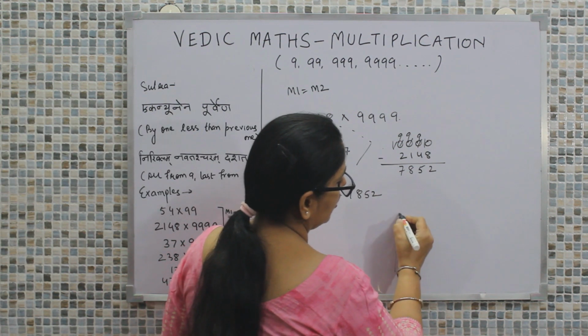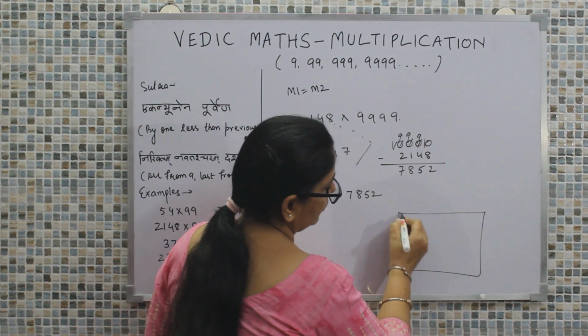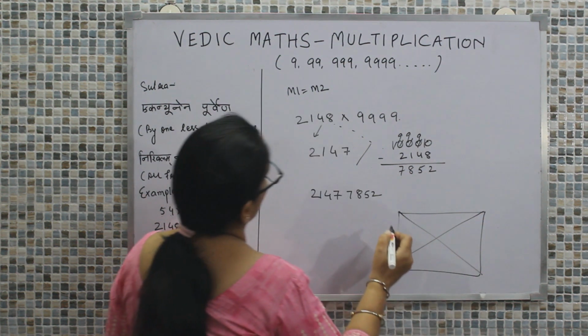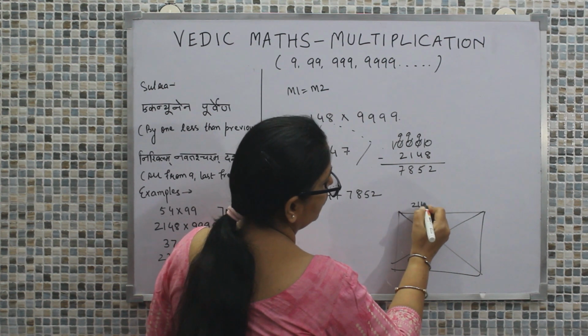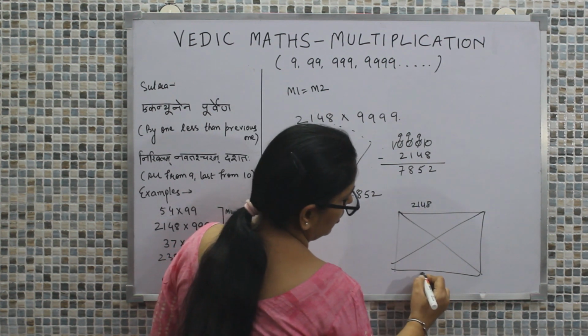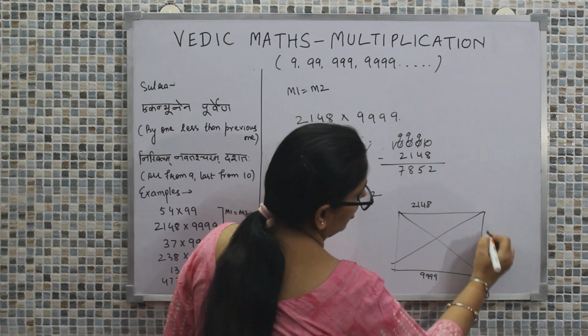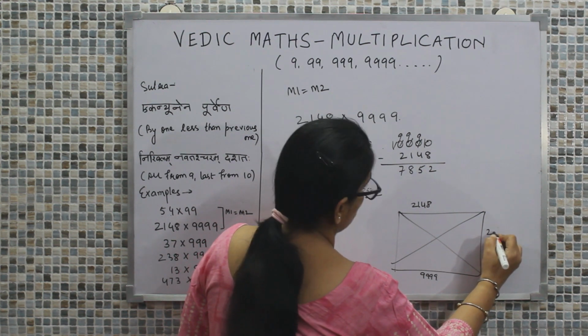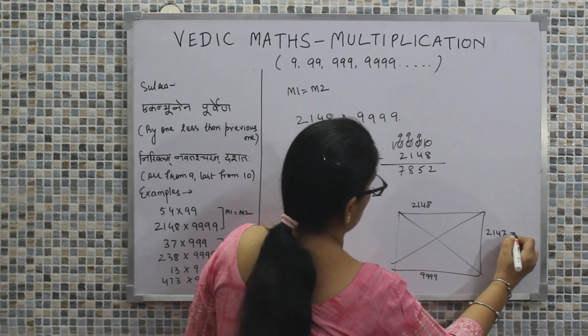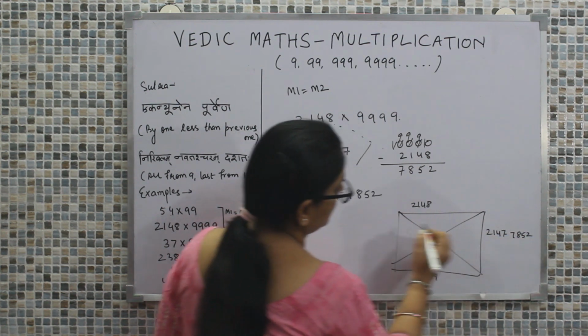Now let's confirm the answer. So we have 2148 into 9 4 times, and we have the answer as 21477852.